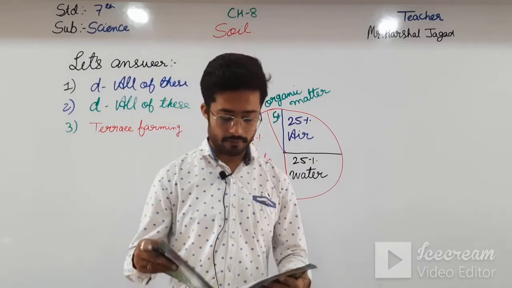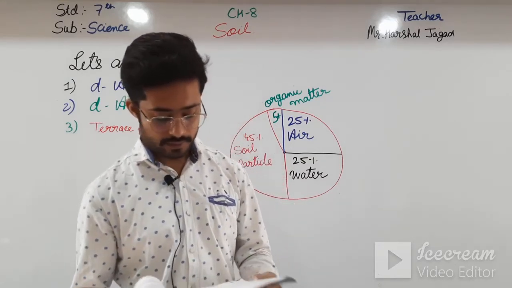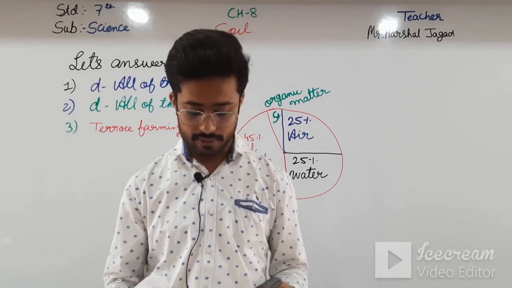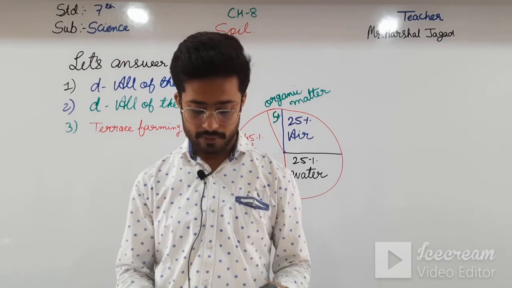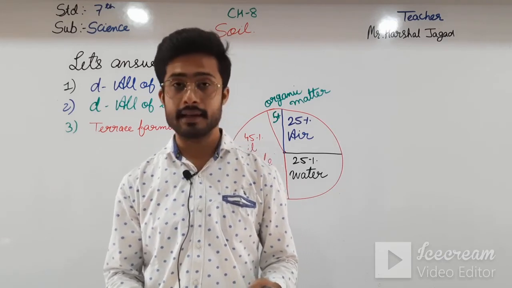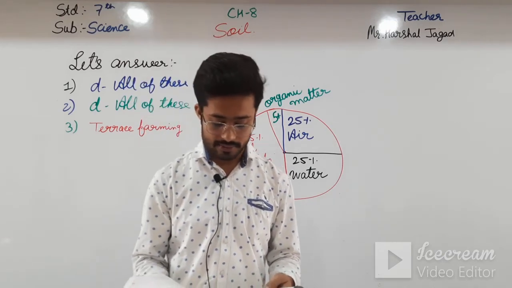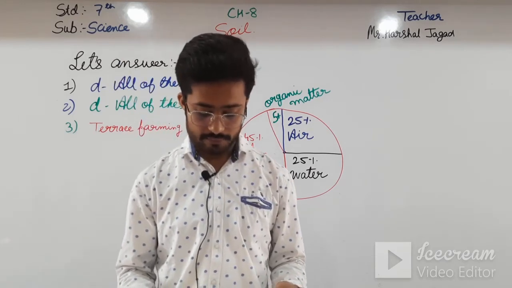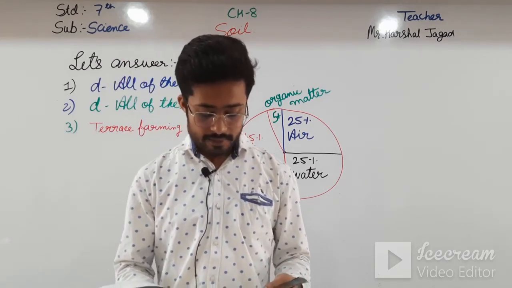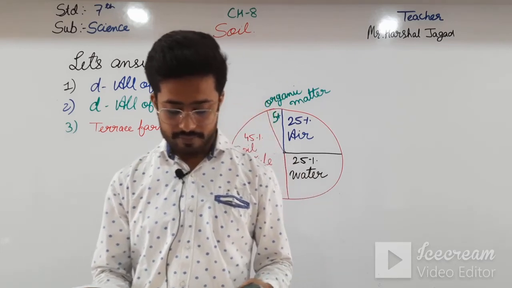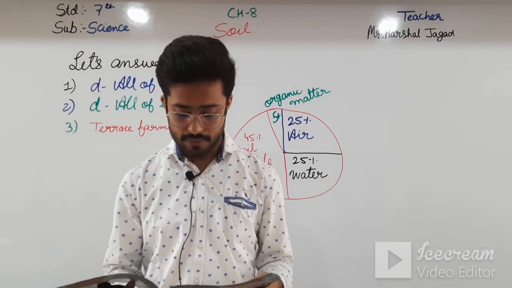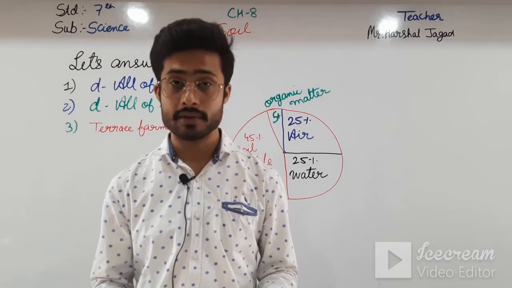Percolation rate of water in soil. The rate at which water can pass through the soil is known as the percolation rate. The more porous the soil, the higher is its percolation rate. Different soils have different rates with which water passes through them. Soil composed of bigger soil particles will have more space for water to pass through quickly.